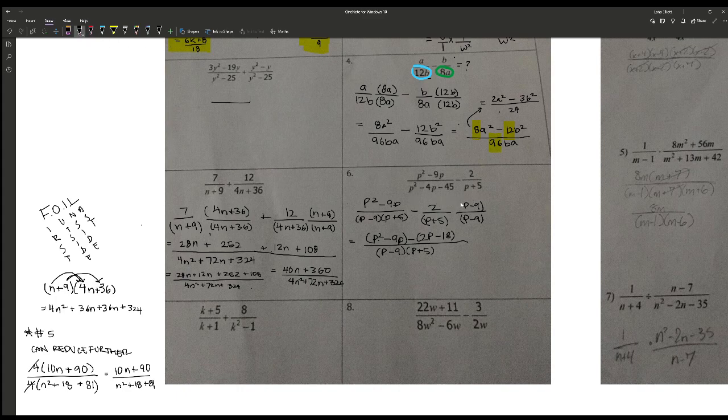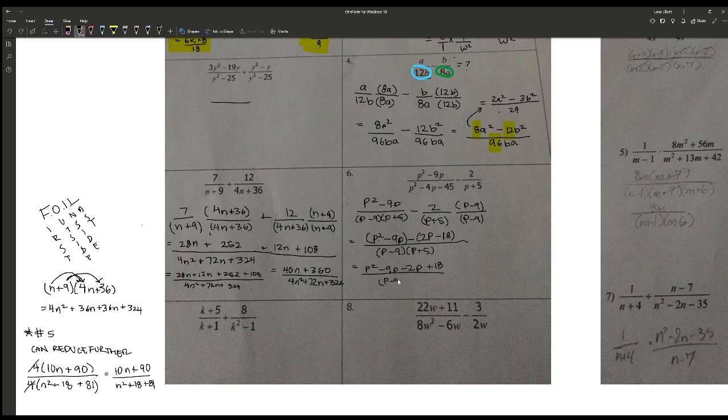So, simplifying this, we get p squared minus 9p minus 2p plus 18, because we have essentially a negative 1 that is getting multiplied into the brackets. A negative 1 times a negative number gives you a positive number.